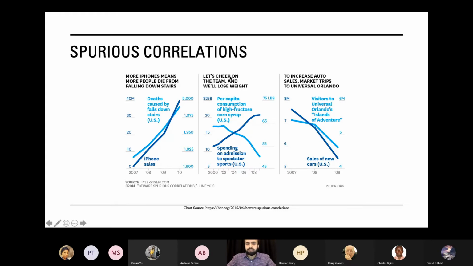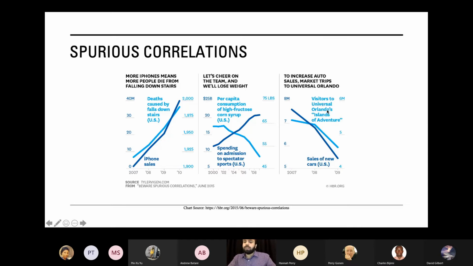So does that mean if we go to watch sports, we will lose weight or we will consume less high fructose corn syrup? And another one is to increase auto sales, market trips to Universal Orlando. Is that a good idea based on this association? Whereas effectively, it might not have any relation.